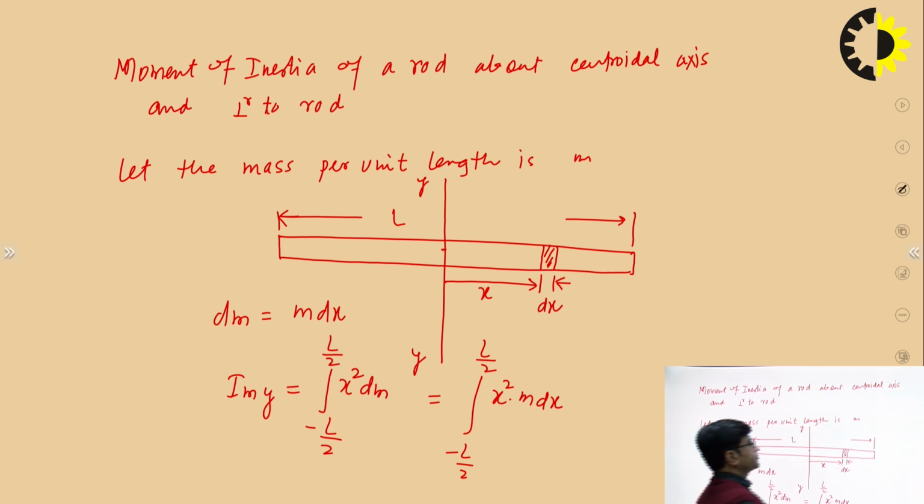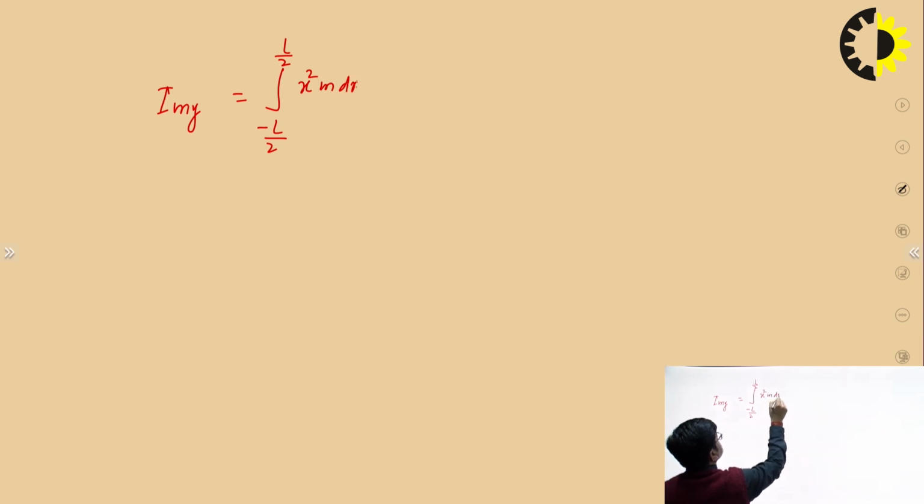Integrating, I_yy equals integral from minus L by 2 to L by 2 of x square m dx, which is m times x cube by 3. Integration of x square dx is x cube by 3, and putting the limit of integration.